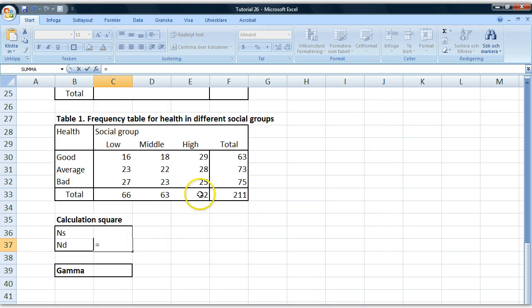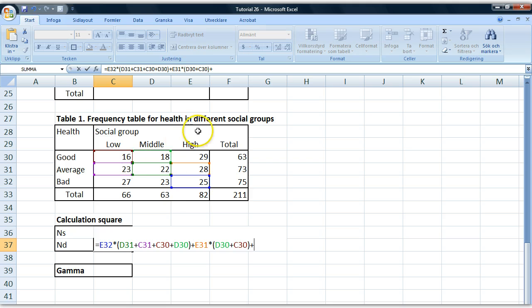Okay, so we choose this cell here, 25, multiplied by the summed up values of all the cells to the left and above of this cell. And to that we're going to add this cell multiplied by the sum of all the cells above and to the left of this cell.